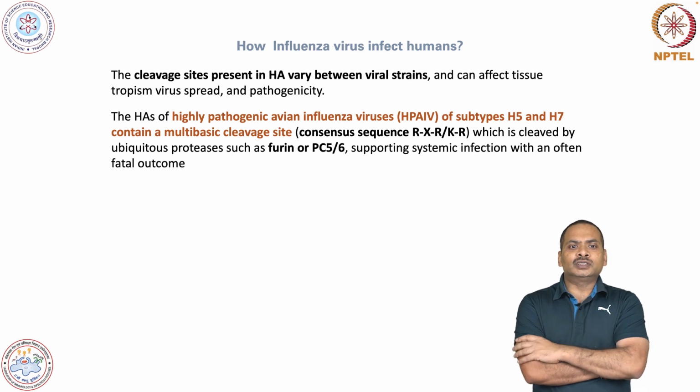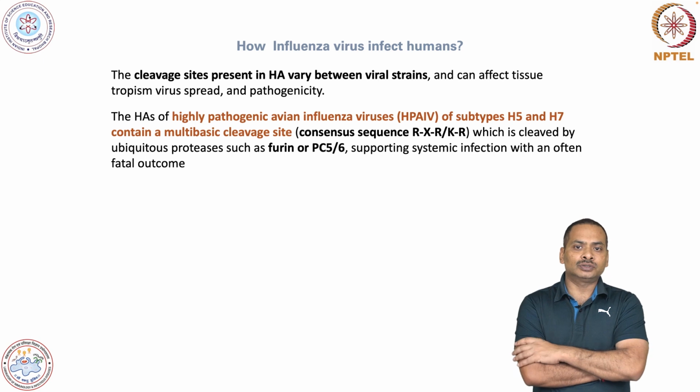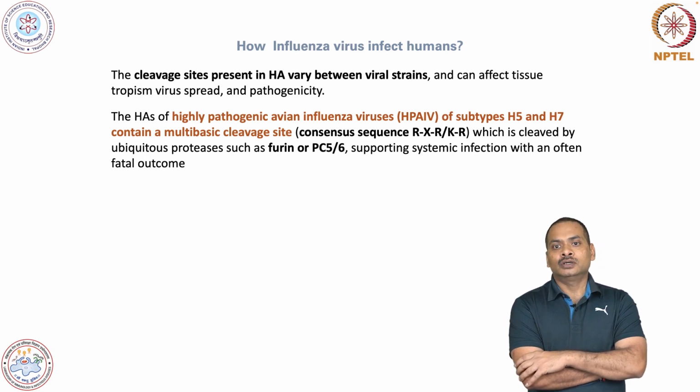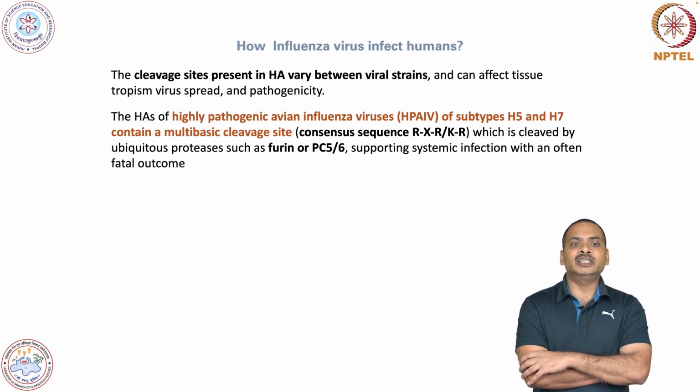The HAs of highly pathogenic avian influenza viruses, which we call HPAIV, of subtypes H5 and H7 contain a multibasic site.